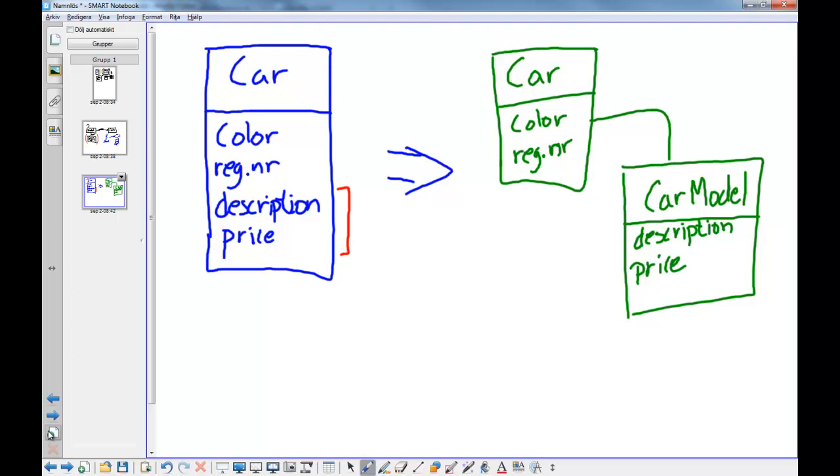And often, actually, when we think about things, we think more about the description of things and not the actual physical item. So this is also something that you need to think about. Is this more of information that is shared among a lot of objects in this domain? Or is it something that is unique to every object?